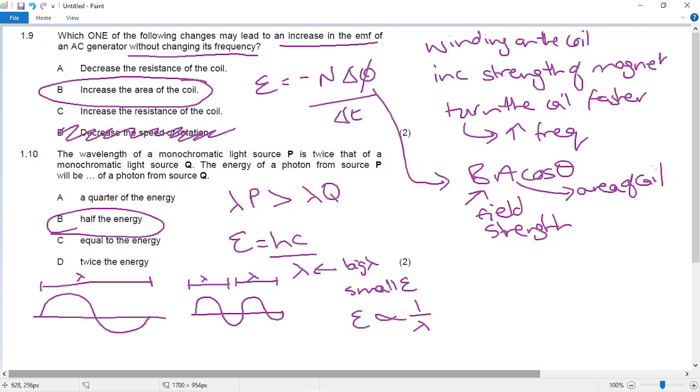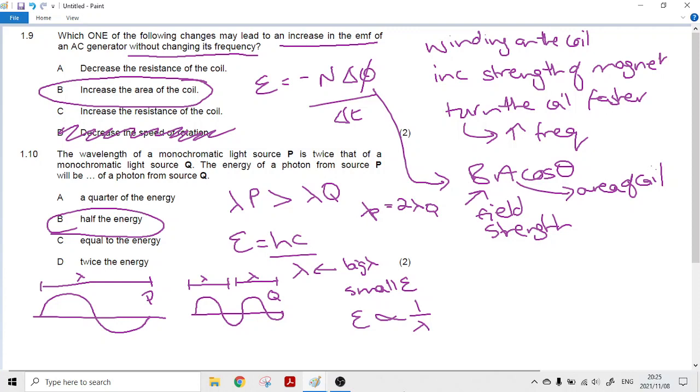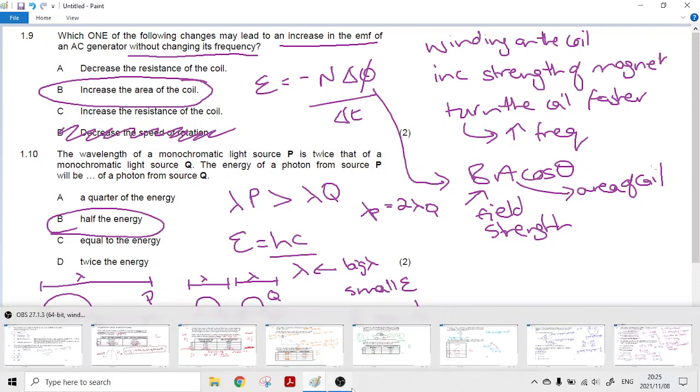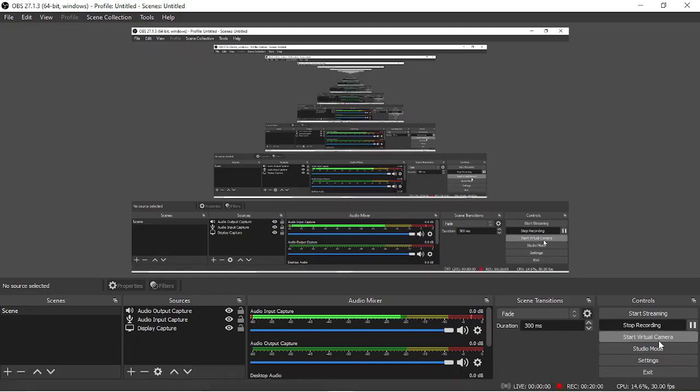The trick I was having here is the wavelength of P is twice that of Q. So lambda P equals 2 lambda Q. So in actual fact, lambda Q is small and lambda P is big, which means the energy of P is small, because energy is inversely proportional to wavelength and directly proportional to frequency.